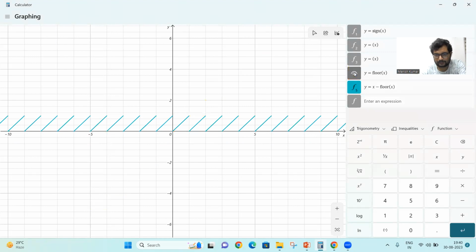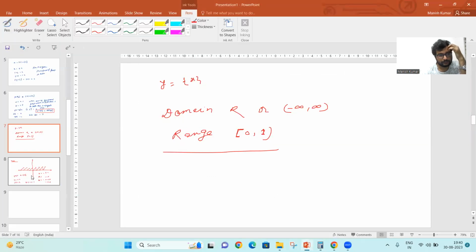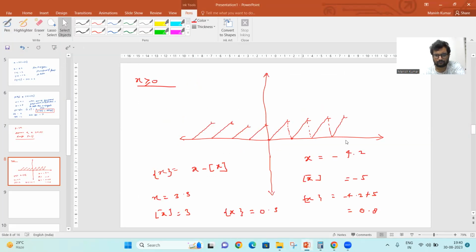I am reading this. So this looks like this, the same thing I have drawn here.